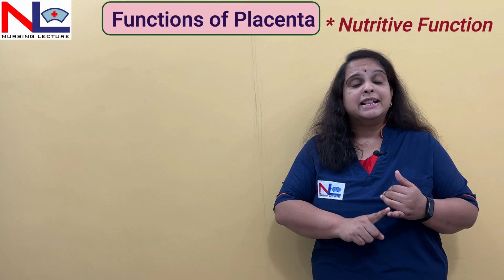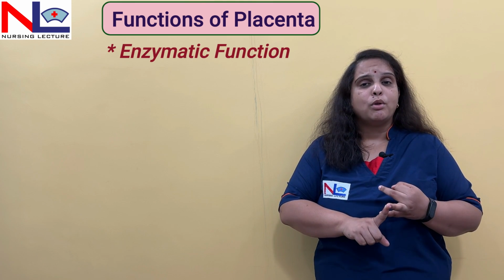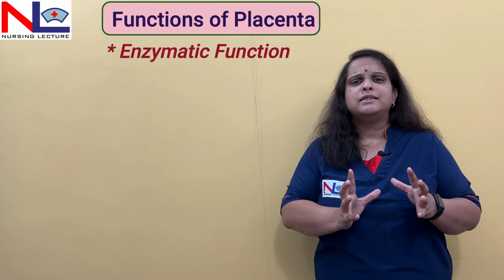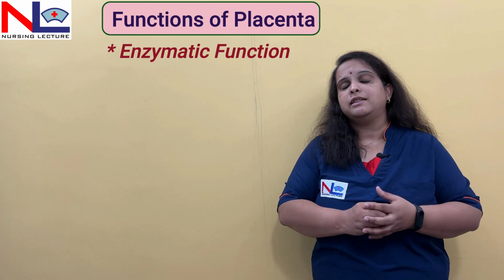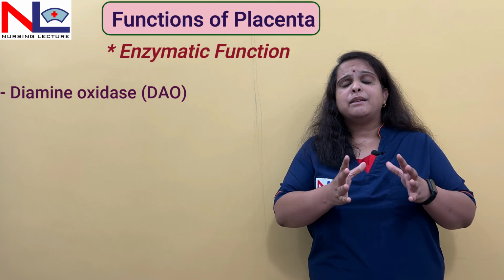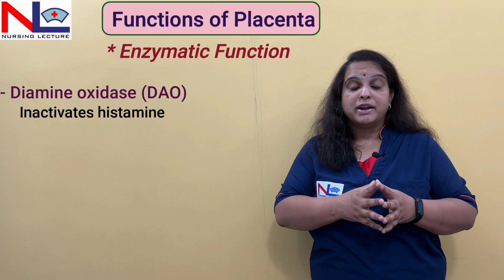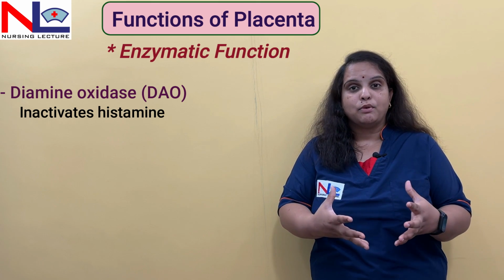Now next is the enzymatic function. Here the enzymatic function plays a very important role because the placenta releases many enzymes, out of which we will discuss some here. Like it releases diamine oxidase. This enzyme inactivates pressor amines like histamine, which is mainly responsible for the inflammatory response.